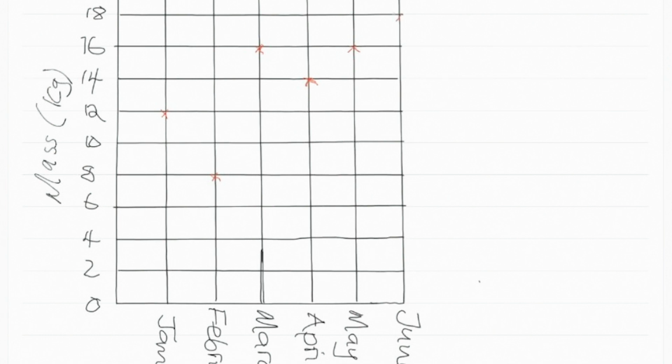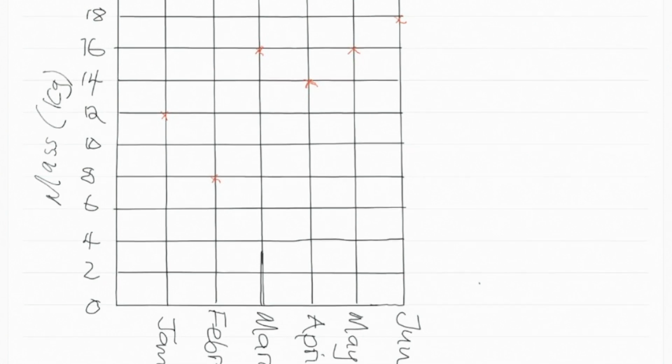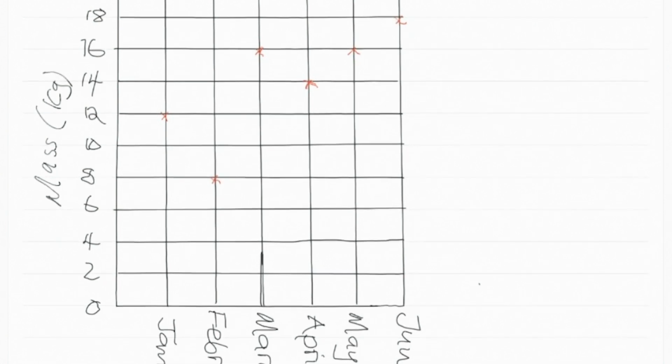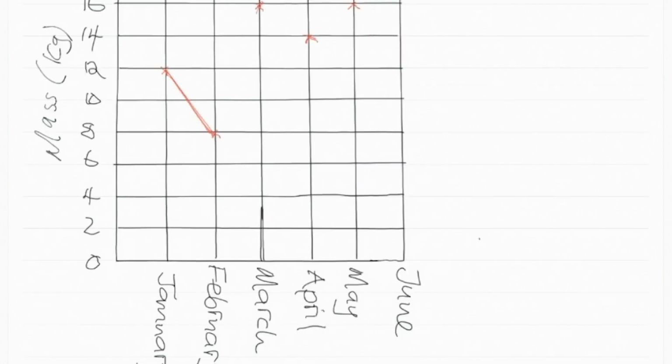Now, after you've identified those points, you have to join those points to show exactly how the mass of the child was increasing or decreasing. This particular concept is used in everyday life, I believe, when children are going for under 5. So you join those, you have that. That doesn't look good enough, okay? There it is. Then you also join there.